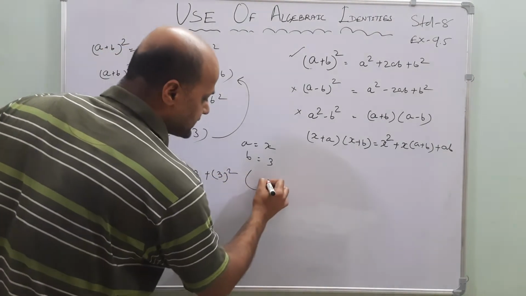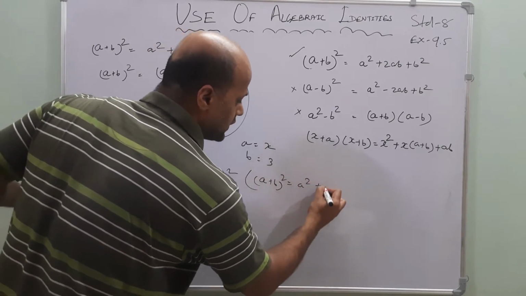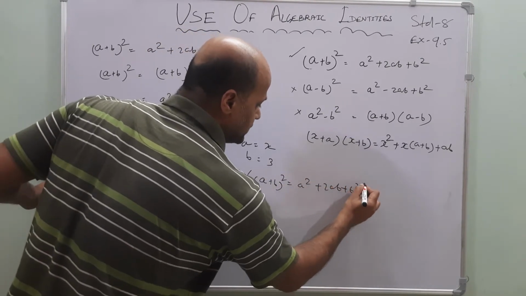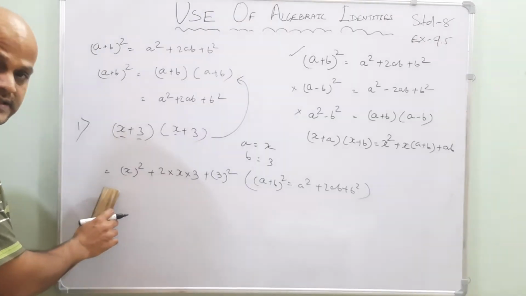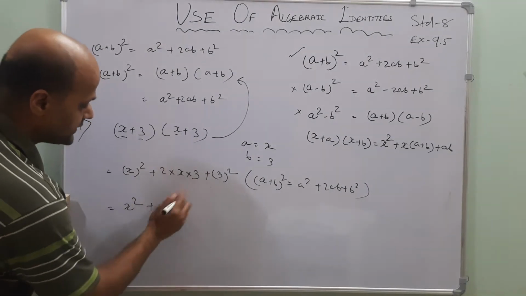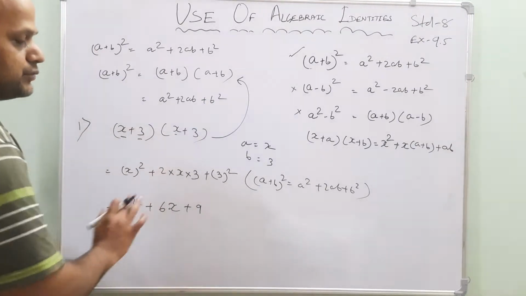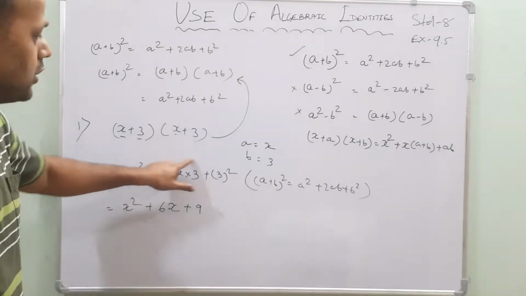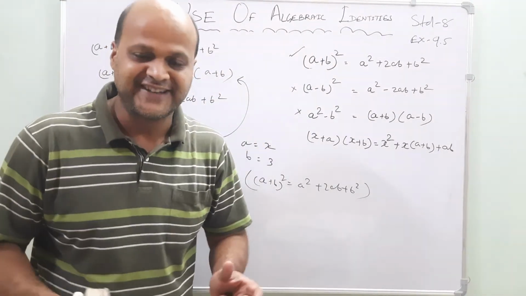This is the formula we are using in this step. Now solve it: x square plus 6x plus 9. This is the answer we get after solving the question by using the particular identity. Understood, my dear friends? How easy it is?